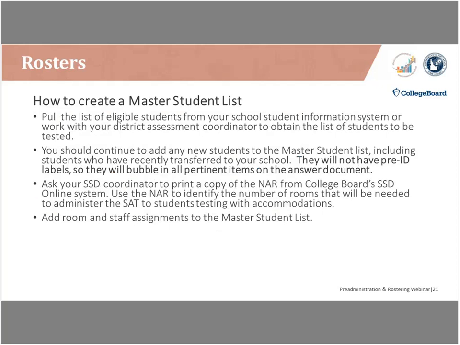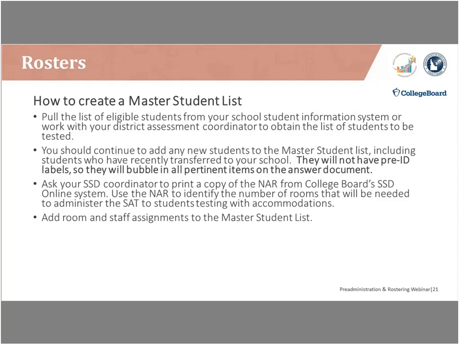They will not have, in some cases, pre-ID labels, so those students, again, will bubble in the pertinent items on their answer document. We also suggest that you have your SSD coordinator print a copy of the NAR so that you can match the total student master list and also see the students that are on the NAR to identify the number of rooms that are going to be needed for the administration, along with what types of accommodations those students are going to be using.